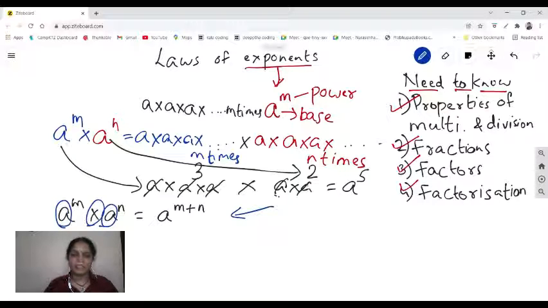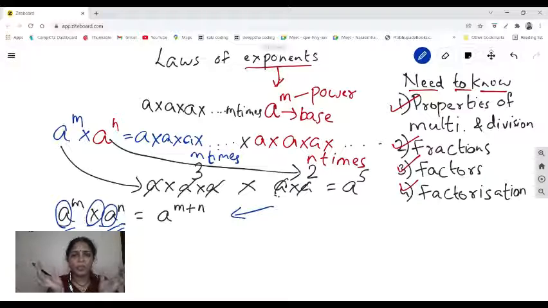The idea is this: something is raised to a certain power, and the same thing is raised to some other power. When you multiply those two things, you will see that from the first exponent, the base is multiplied that many times. From the second exponent, the base is multiplied that many times.